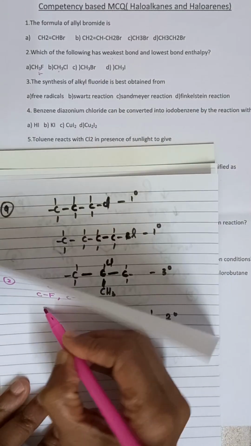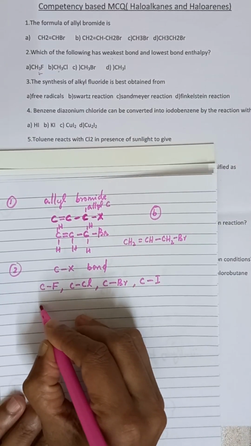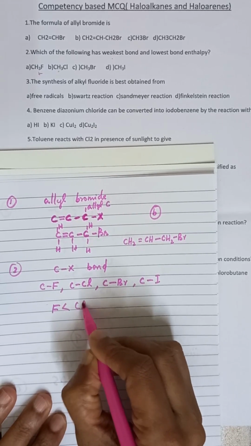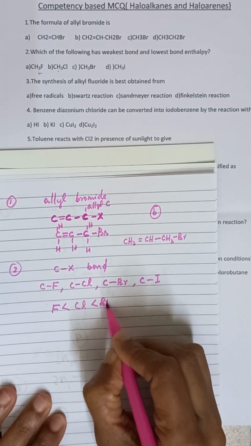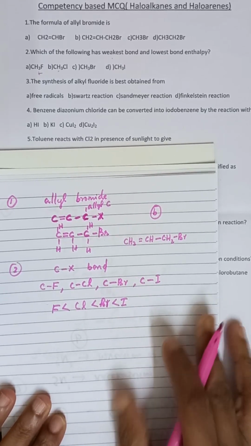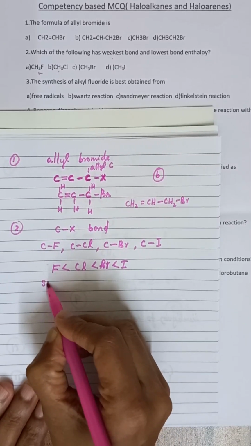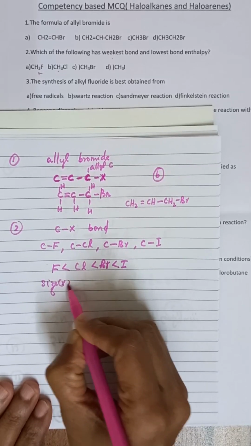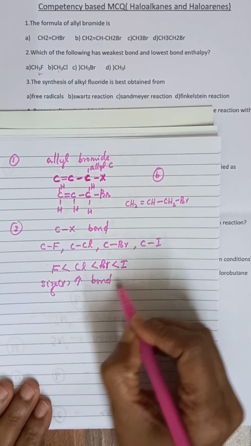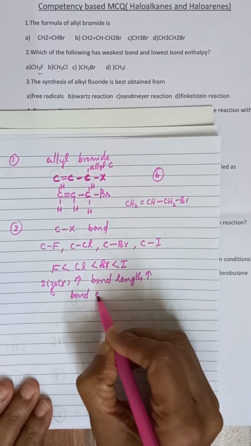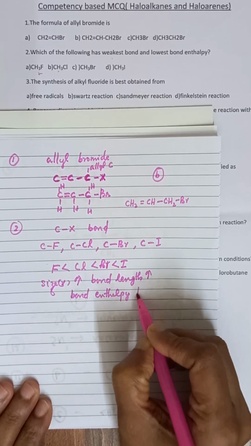And we know that the size of the halogen atom is in the order fluorine less than chlorine less than bromine less than iodine. So this is the order of the size of the halogen atom. And we know that as the size of the halogen atom increases, the bond length increases, and bond enthalpy decreases.